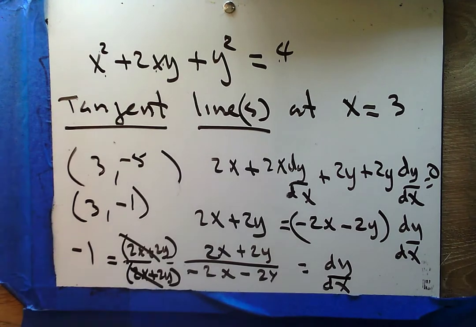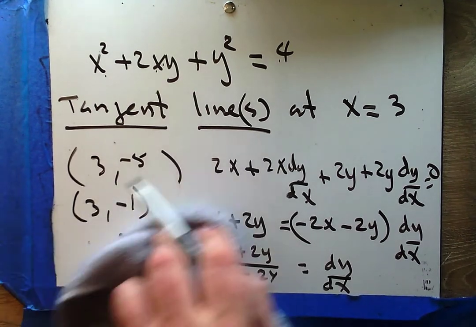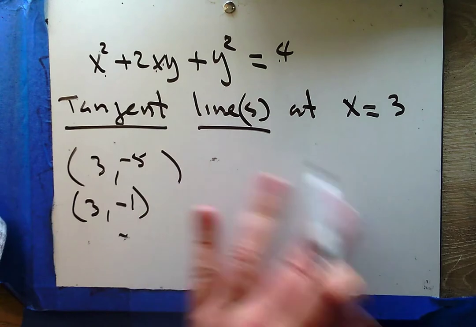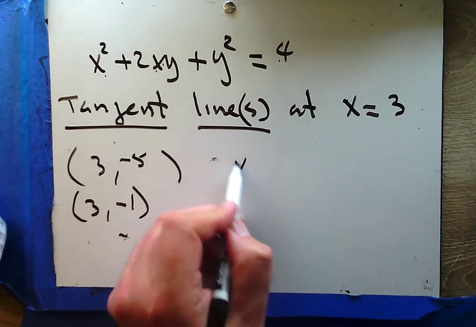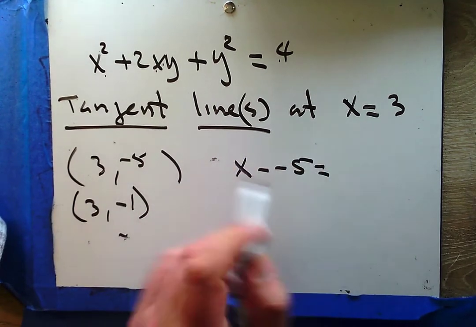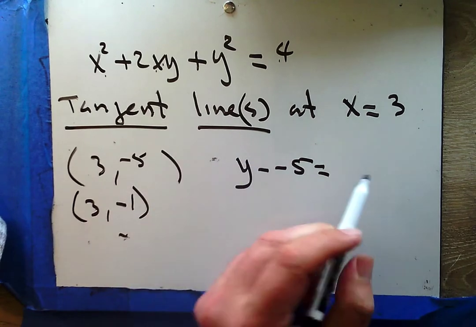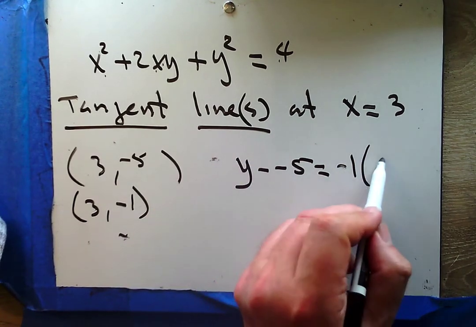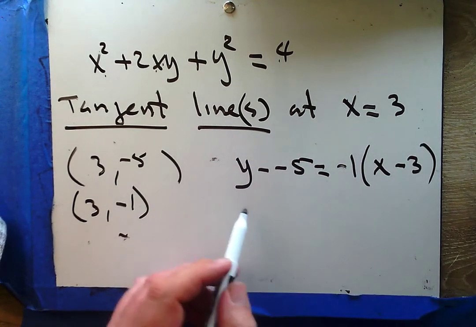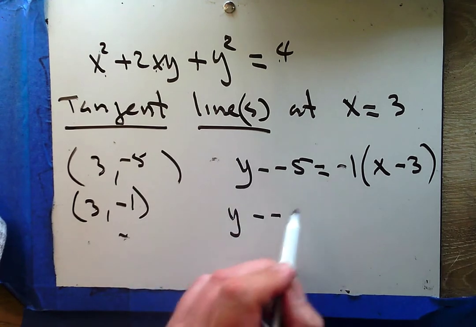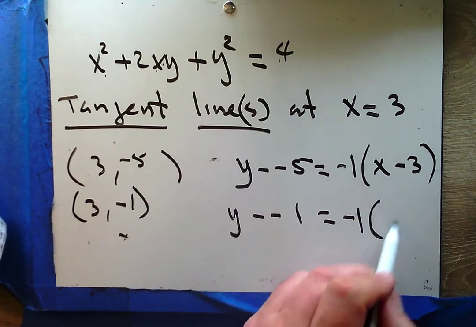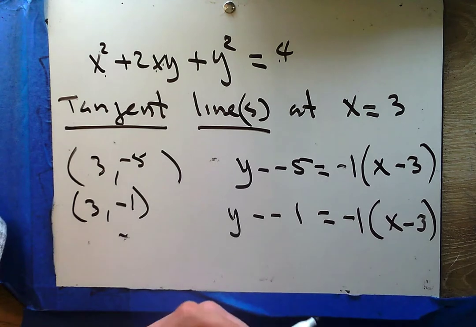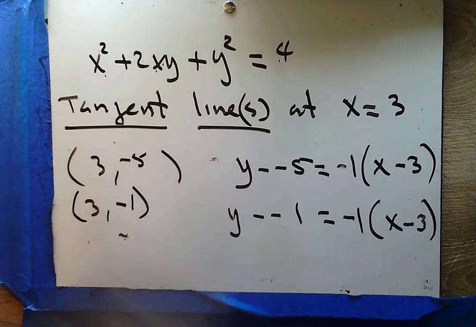Well, writing the tangent line, no problem. I know the slope now is negative 1. So I'm going to say y minus 5 equals negative 1, x minus 3, and y minus 1 equals negative 1, x minus 3. Stop and move on. But hold on a second.